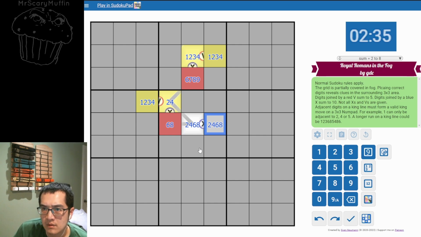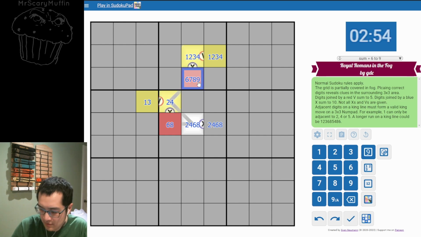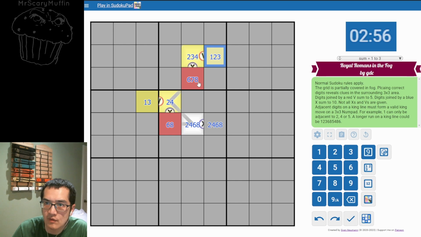Now this is a 2, 4, which makes this one a 1 or 3. 2 or 4 can only touch 6, they can touch 7, they can touch 8, they cannot touch 9. This cannot be a 1, this cannot be a 4.